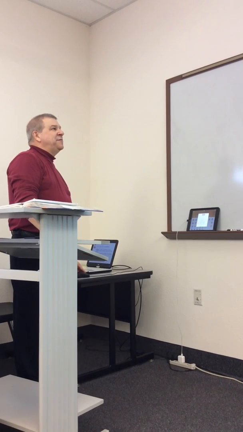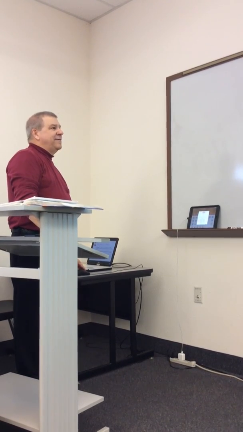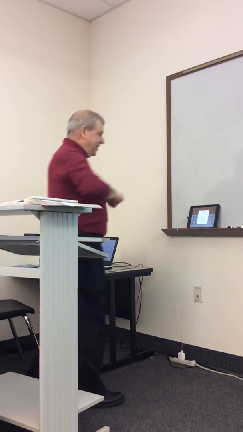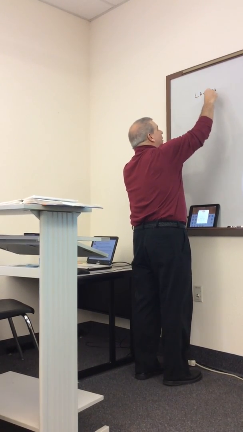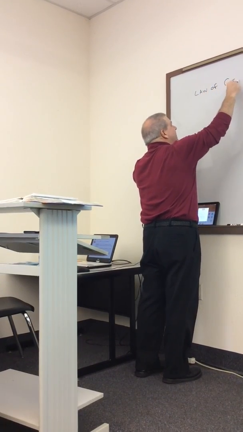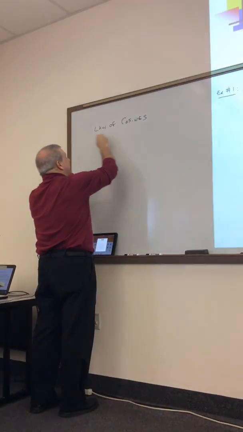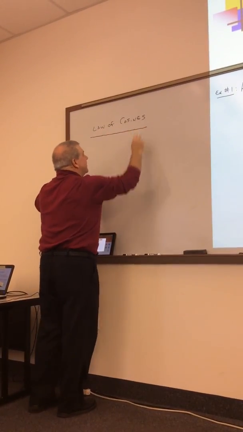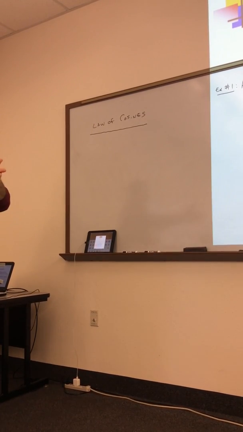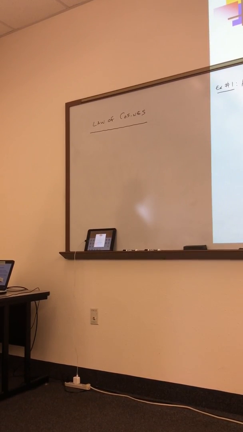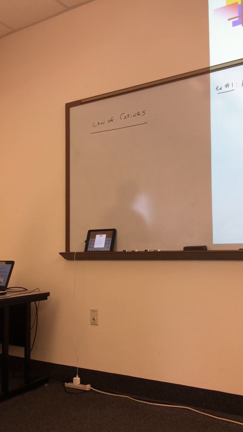Okay, here's what you need. So in your notebook, you want to write down this. I will give you this when it comes time to take the test. You don't have to memorize this. This is called the law of cosines.